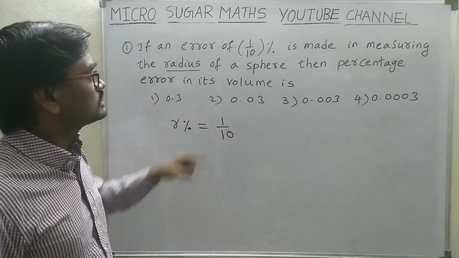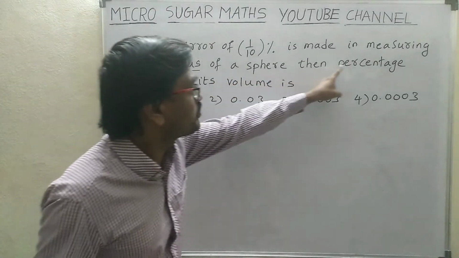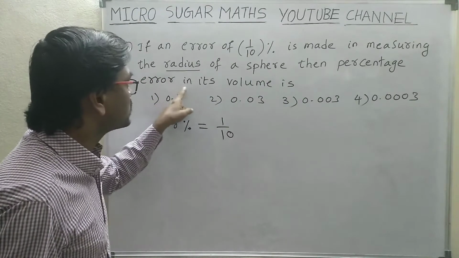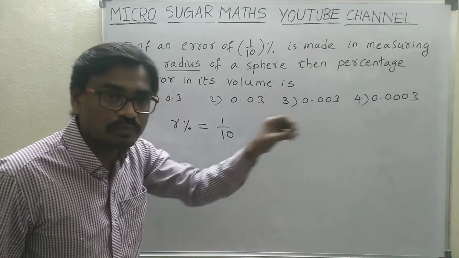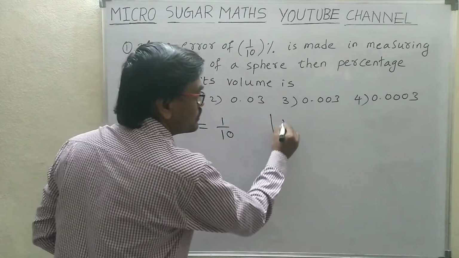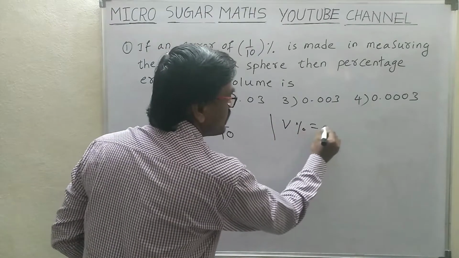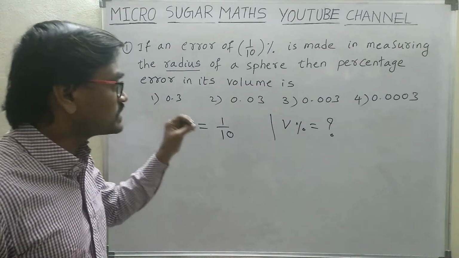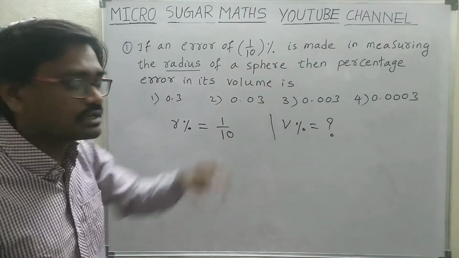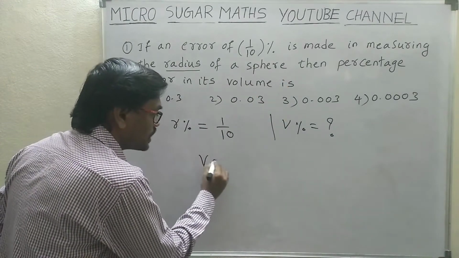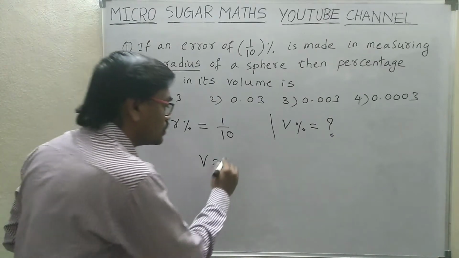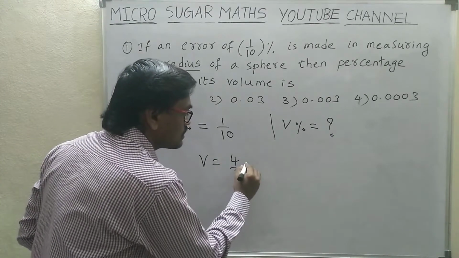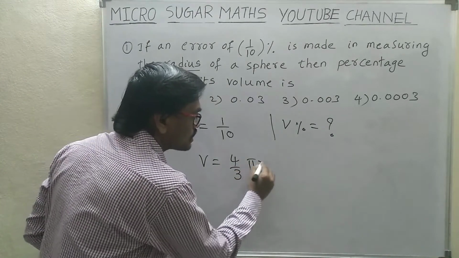Now students, we need the percentage error in its volume, meaning v percentage. Now students, what is the volume of the sphere? The volume of the sphere is v equal to 4/3 pi r cube.